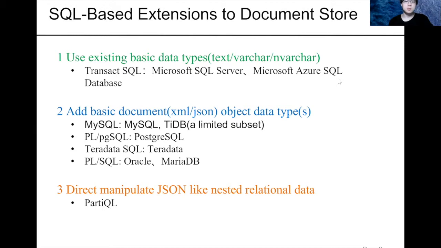Second, it is a better idea to add one or some basic document object data types. We can find at present a large number of SQL-based query languages adopt this method to support document data models. Finally, there is an innovative idea to directly manipulate and process document data as nested relational data.